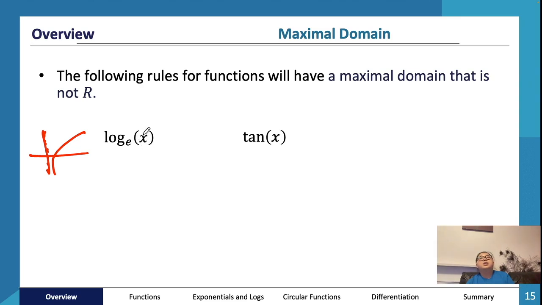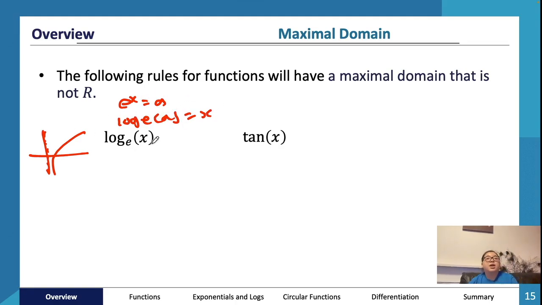Because this is essentially going to be the original power. Because remember, if we have e to the x equaling a, then we have log base e of a equaling x, and this was the original output.